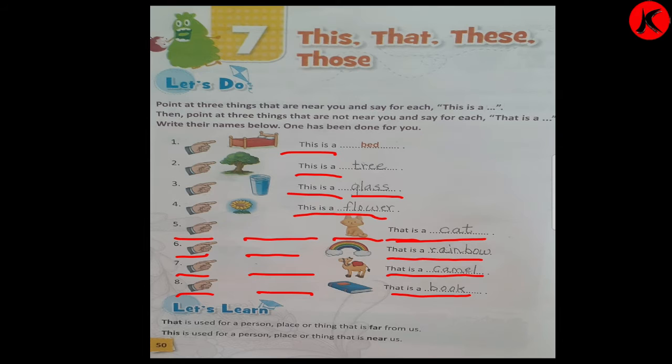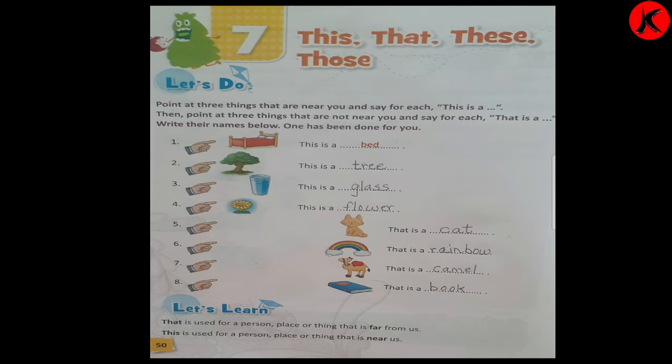So did you find the difference? The picture which is near you, we have used THIS, this. The picture which is far, we have used THAT, that. Let's learn. That is used for person, place or thing that is far from us.